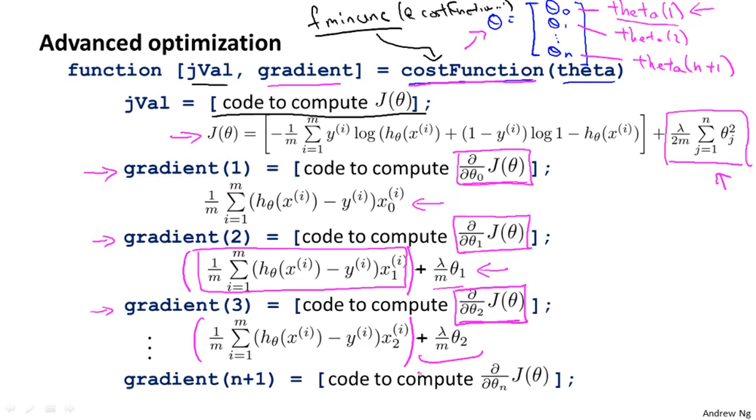So if you implement this cost function and pass it into fminunc or one of those advanced optimization techniques, it will minimize the new regularized cost function J of theta, and the parameters you get out will be the ones that correspond to logistic regression with regularization. So now you know how to implement regularized logistic regression.